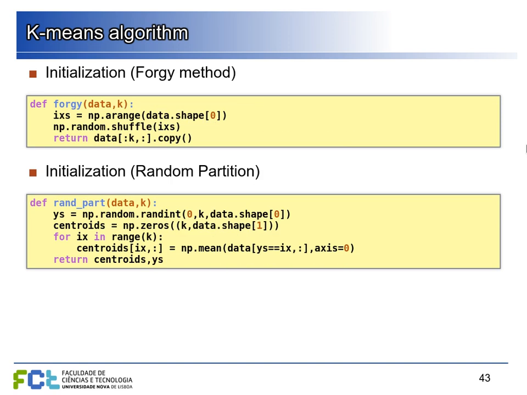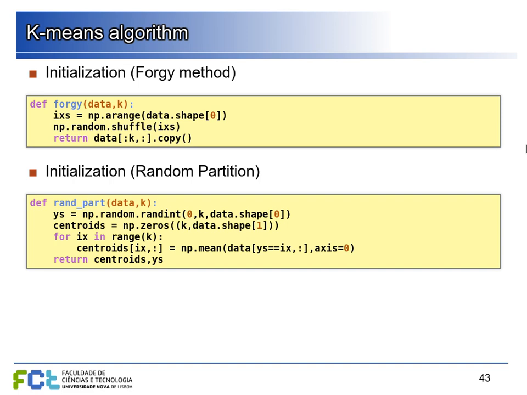Two examples of initialization can be Forgy, in which we select a random sample of the indices of our data points. We have this range spanning all our data. We shuffle it and we take the first k values. So we assign centroids to a random set of different data points.